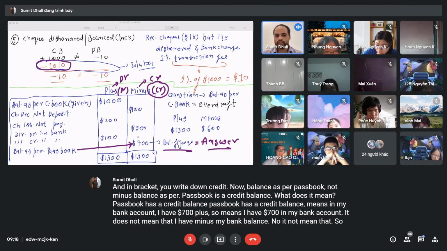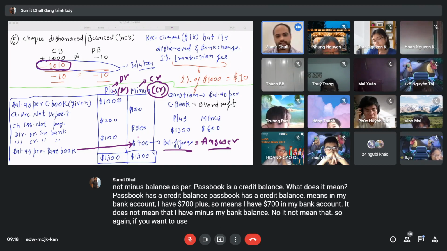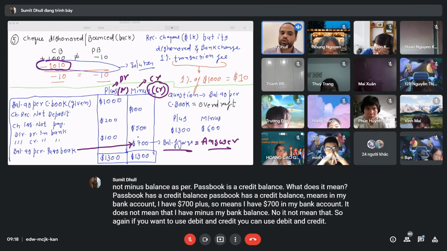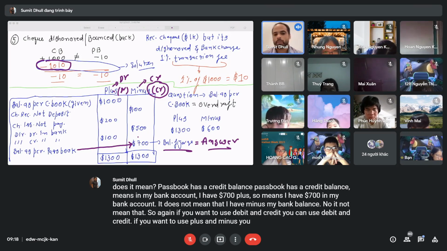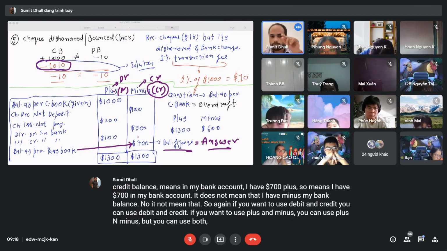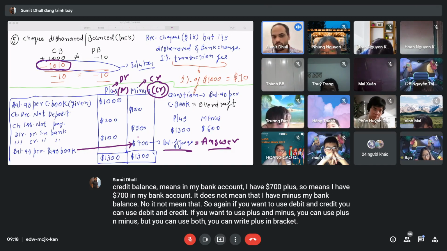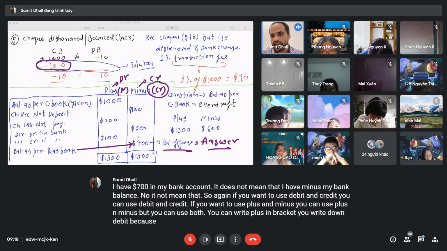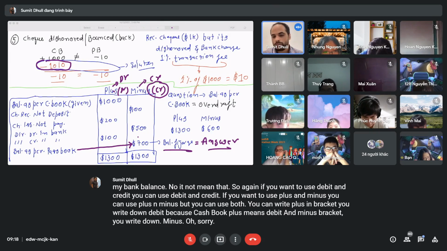So again, if you want to use debit and credit, you can use debit and credit. If you want to use plus and minus, you can use plus and minus, and you can use both. You can write plus, in bracket debit, because cash book plus means debit, and minus, in bracket credit, because credit means minus.